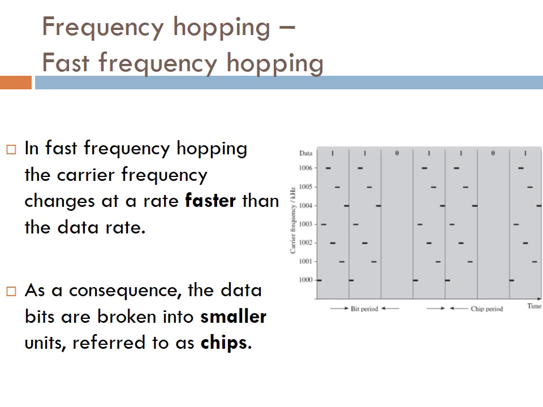Notice that for fast frequency hopping, bad frequencies now affect every data bit, but only a small part of each bit. In slow frequency hopping, bad frequencies affect whole data bits, but only some of them.